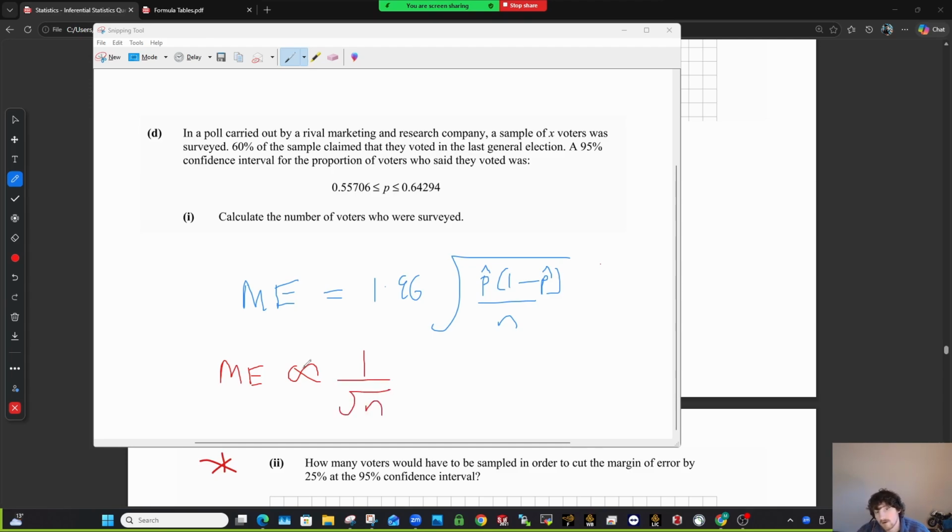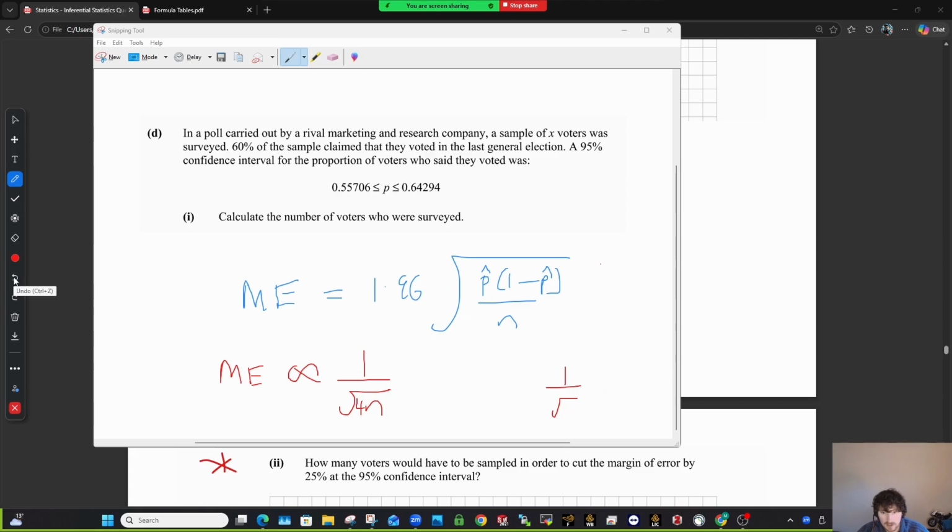The margin of error is proportional to 1 over root n, right? So if the question was, we wanted to half the margin of error, you don't just double n, okay? You'd need to put n up by 4. That would half the margin of error because then it's changed by 1 over root 4. So that would half the margin of error, if that makes sense to people, okay?